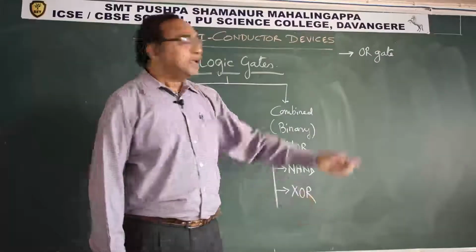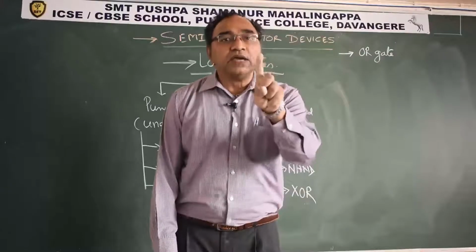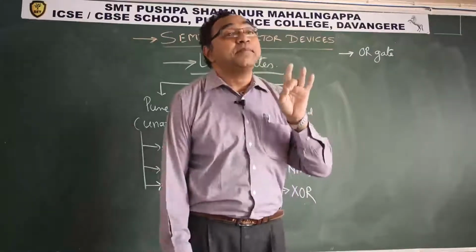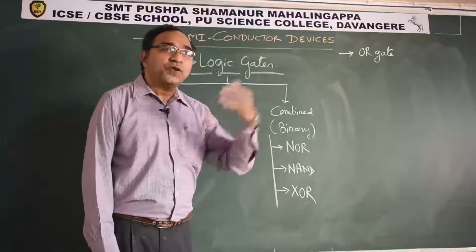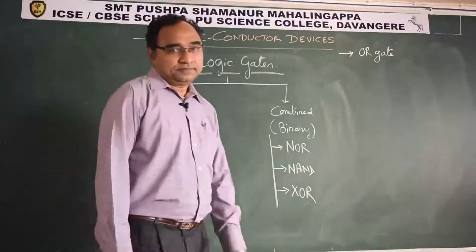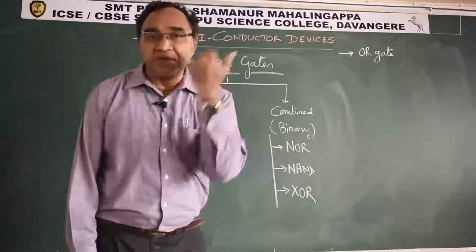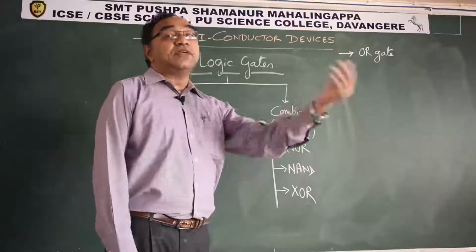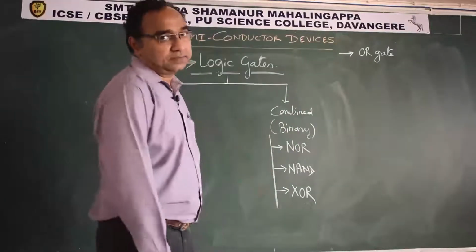Which means that in an OR gate, if any one condition of all the available conditions is true, you get output. If A is true, if B is true, if C is true, or if D is true, any one, there is output. The statement is true. This is the meaning of OR gate.